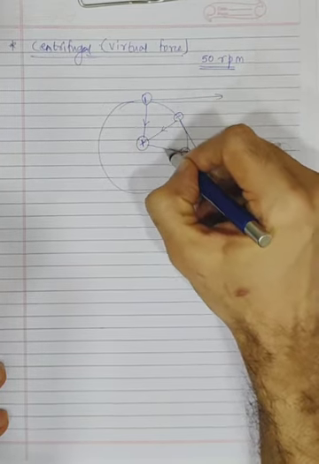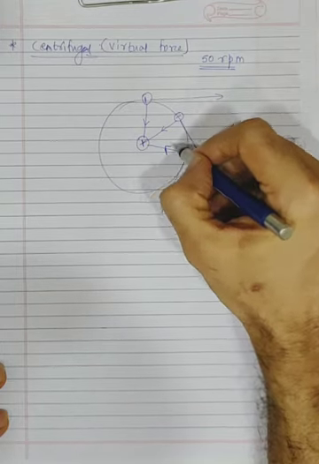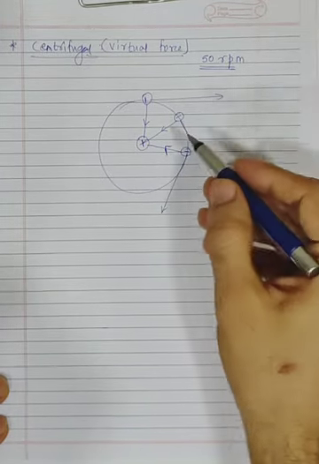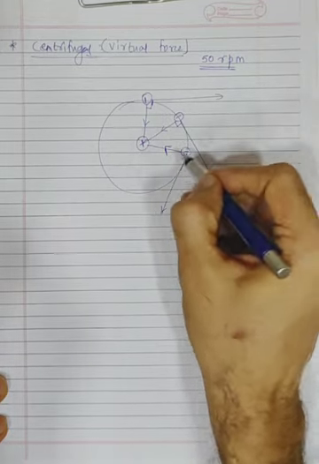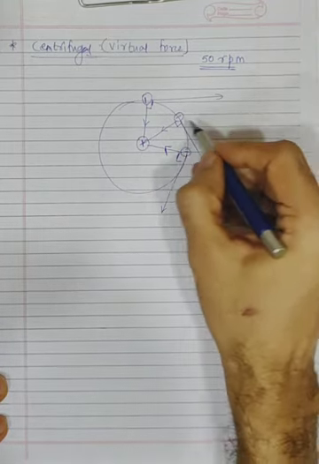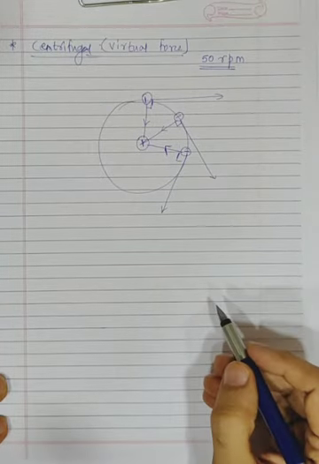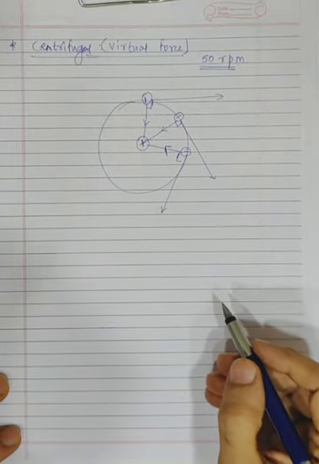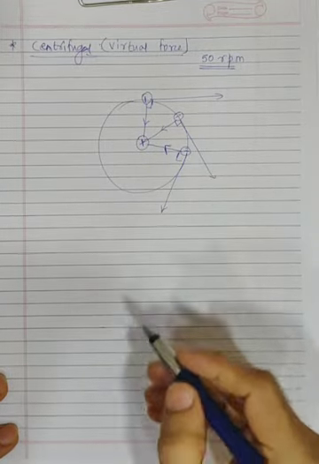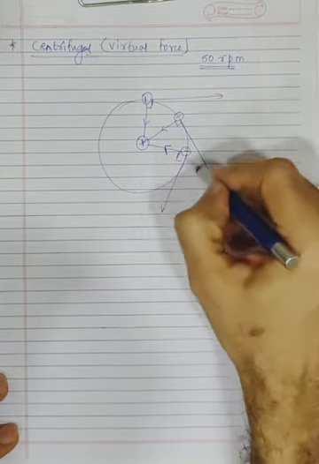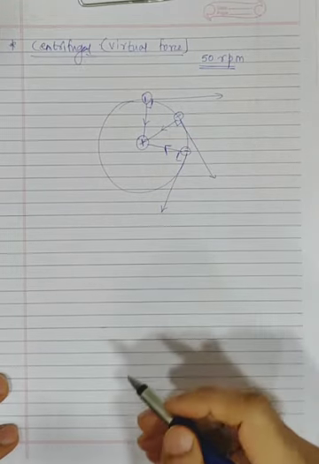By this nucleus, which is positively charged. So this electrostatic force is at 90 degrees to this, and it is not letting the electron move out. Correct? So this force is called what? Centripetal force.